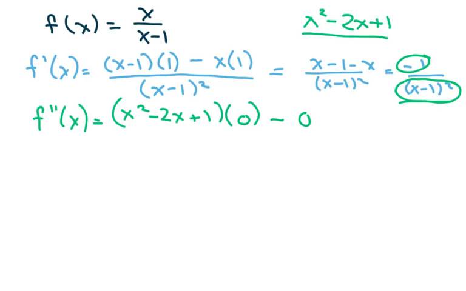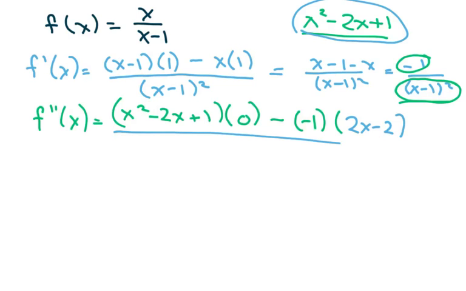So we're going to have negative 1. So my numerator is negative 1, and I take the derivative of this one, which is going to be 2x minus 2, all over my denominator, which is x minus 1 squared, and then squared again.